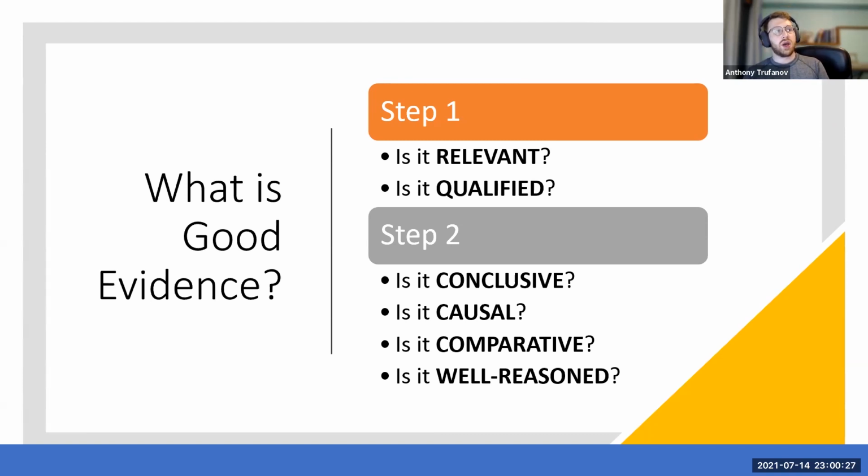Those of you who have done some research before might have come across an article that sounds something like this. There'll be an introduction where they'll say, there's a super interesting debate about whether, let's say, social media spreads fake news. So I'm going to review what the literature says. Here's a bunch of authors that say it does spread fake news. But here's a bunch of authors that say it doesn't.